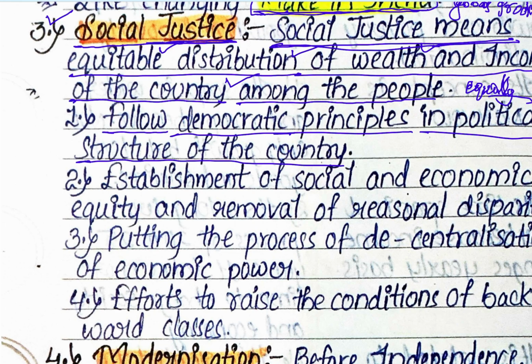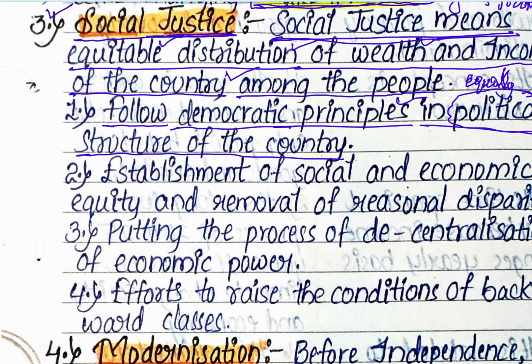Political structure of the economy is nothing but, politically we have to give equal opportunities and equal chance to everyone. So that is called democratic principles in the political structure of the country. For social justice, equal political participation of the people is important.